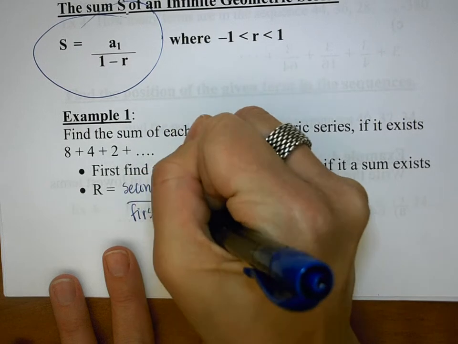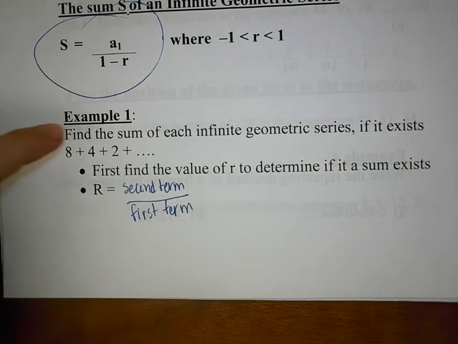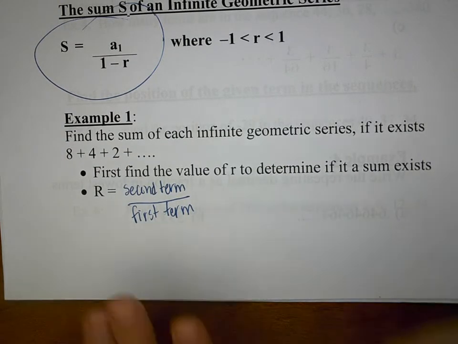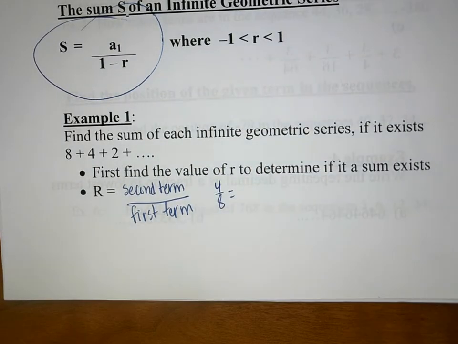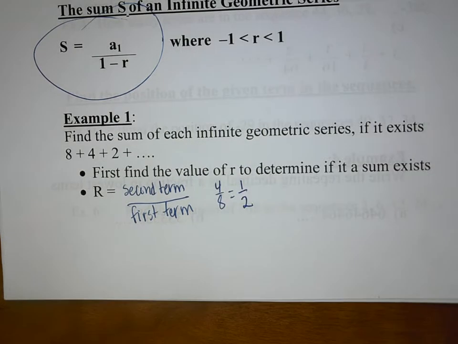We showed yesterday that you can really do any of them. You could go 4 divided by 8 or 2 divided by 4, and you just reduce it and you get your ratio. So if we take 4 divided by 8, that reduces to 1/2. Will that ratio work in order to find the sum? Yes, because it's a fraction, right? It's in between -1 and 1.